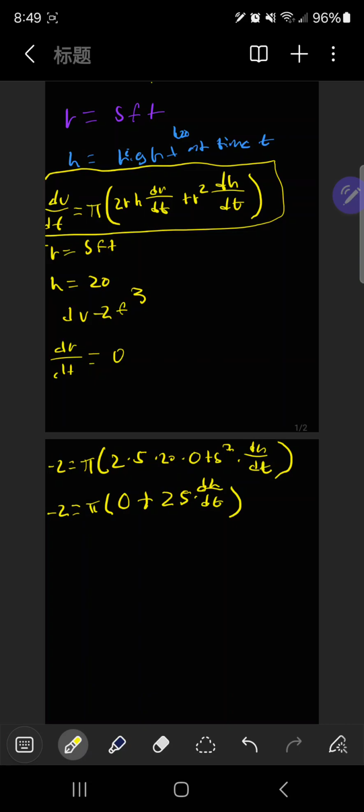And now we could just rewrite it as negative 2 equals 25 pi dh over dt, because you don't need that 0.